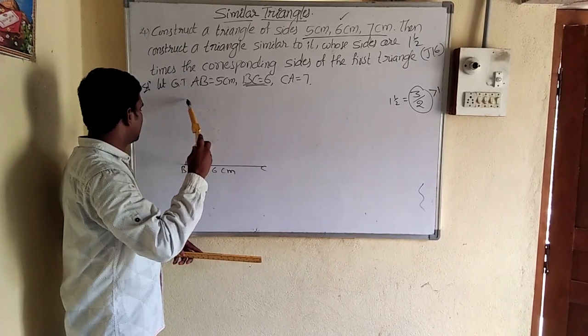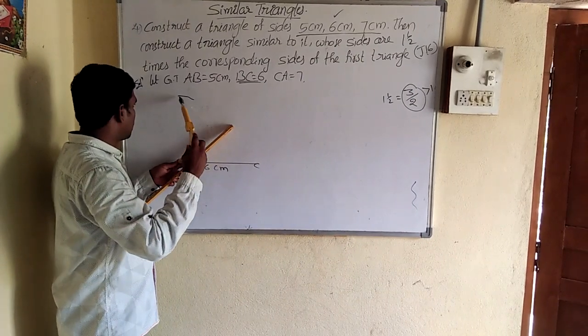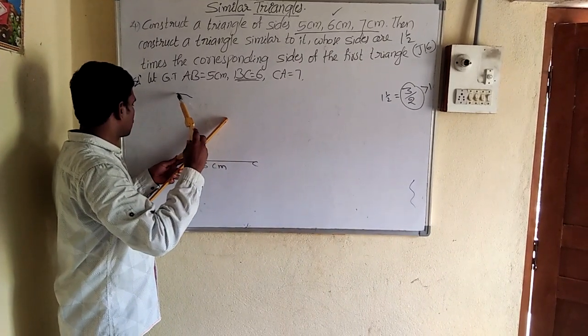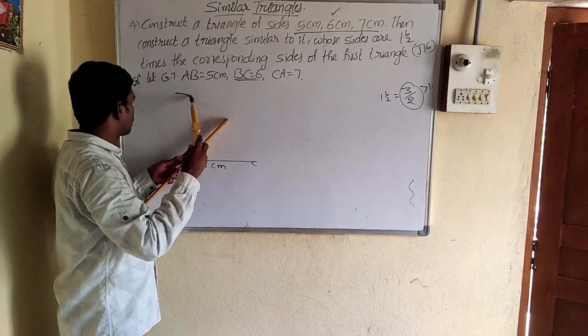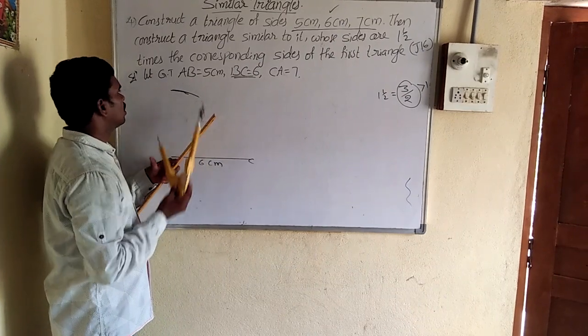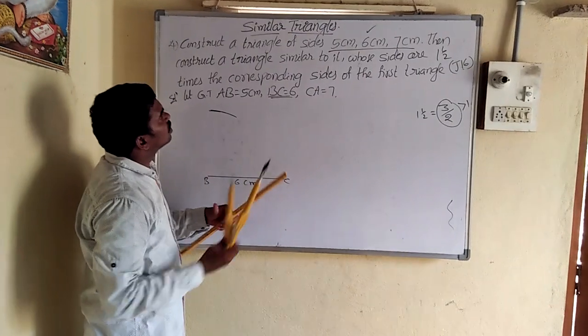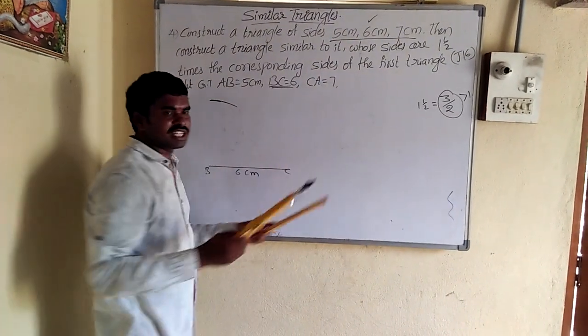So taking B as center, draw an arc. Next, what is the other one? CA is 7 centimeters.